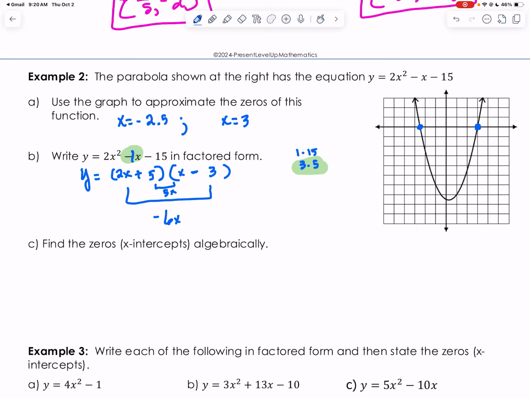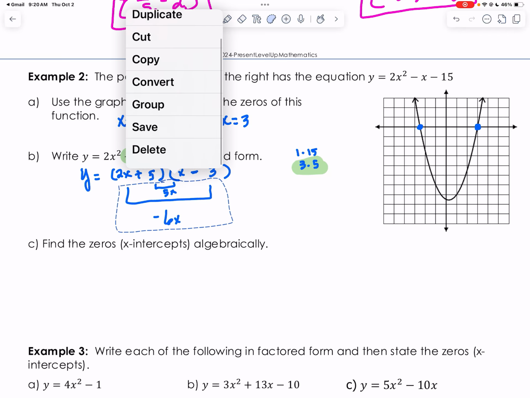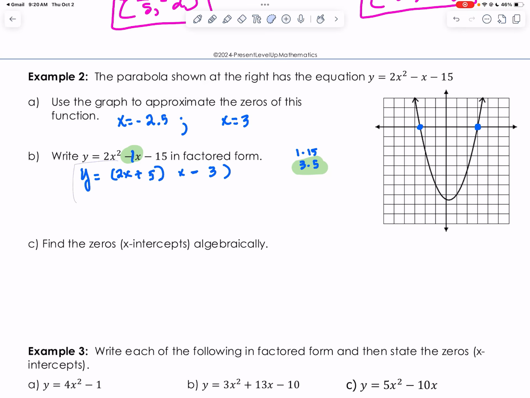So that means this is positive. All right, now we have it written in factored form. y equals 2x plus 5 times x minus 3.